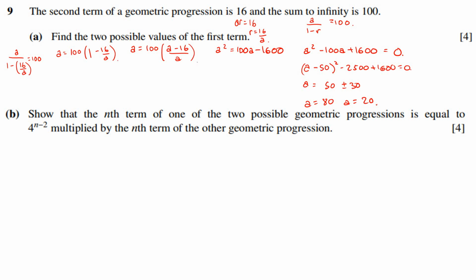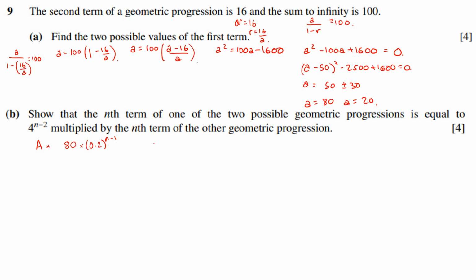So what I'm going to start with is A, lots of. But I'm going to use the 80 first, so I'll have A, the first number, which is A here, multiplied by R. In this case, if A is 80, R would be 16 over 80, which is 0.2, raised to the power of n minus 1.